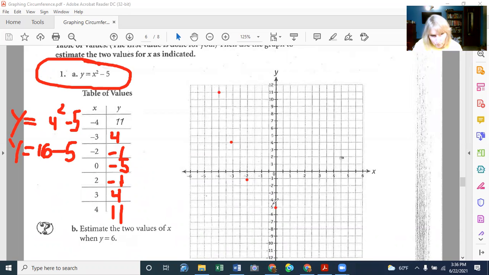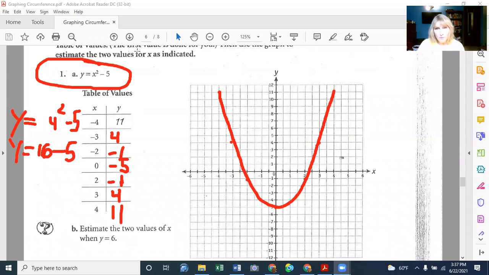Then I have 2, -1, and then I have 3, +4. You can see the U shape forming, and then 4 all the way up to 11. And you can see that if I connect the dots, I have a parabola that looks like this.